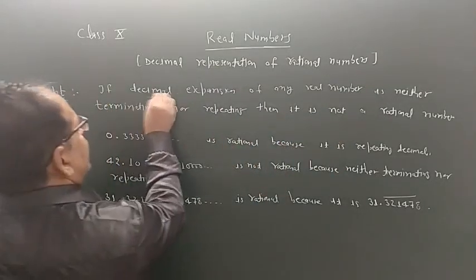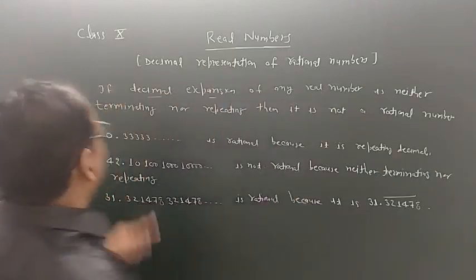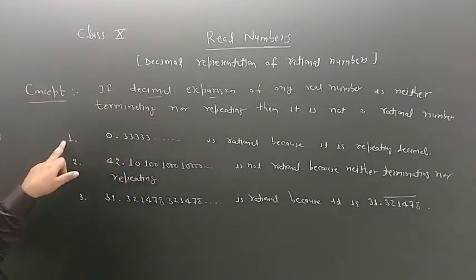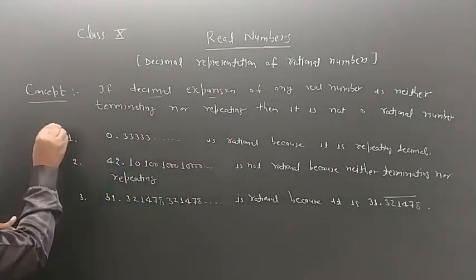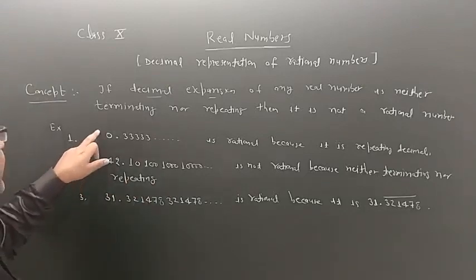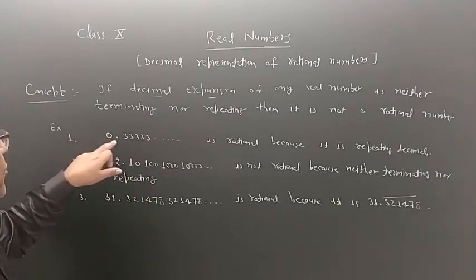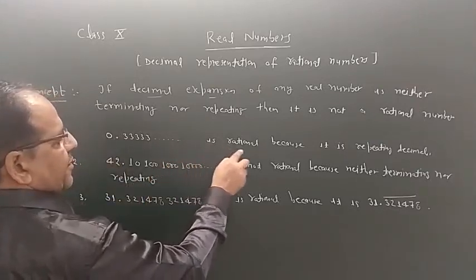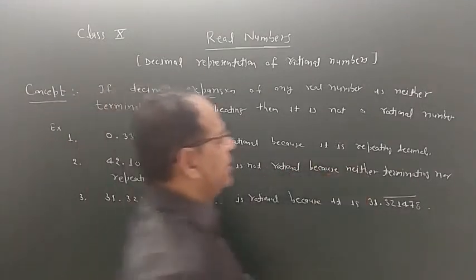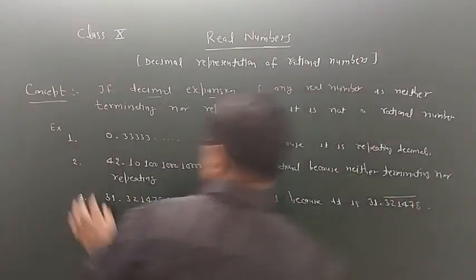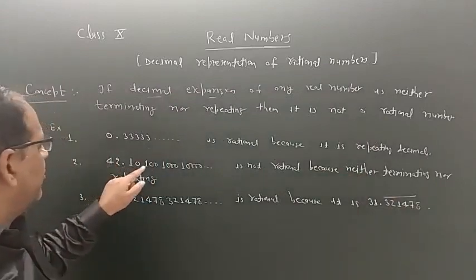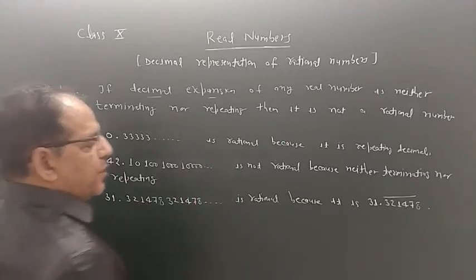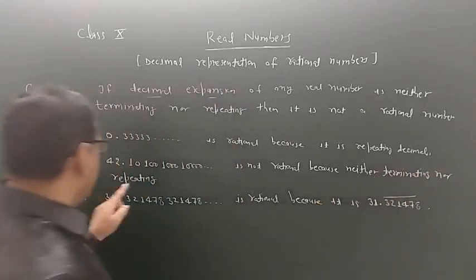The first example based on this concept: if any real number can be expanded as 0.33333, that means this is rational because it is a repeated decimal. Second, 42.10100100010000 and so on is not rational because it is neither terminating nor repeating.